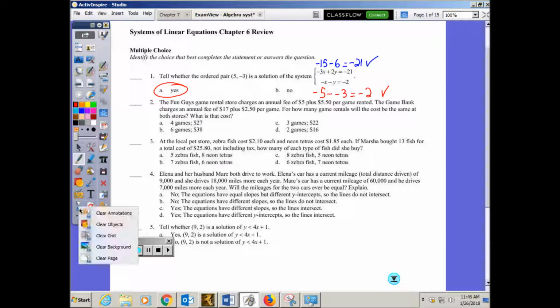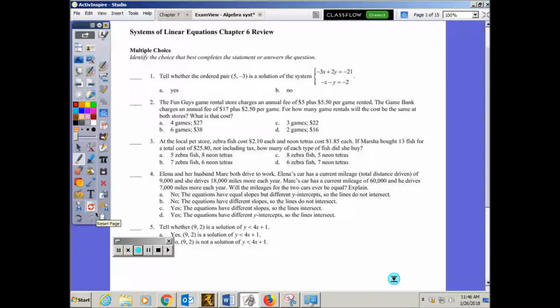The next problem, you had problems like before in prior chapters, you may not have even realized it was a system of equations. The Fun Guys have a game rental, and they have a fee system that they use. They charge an annual fee of $5 plus $5.50 for each game rental. So I always say use magic boxes.